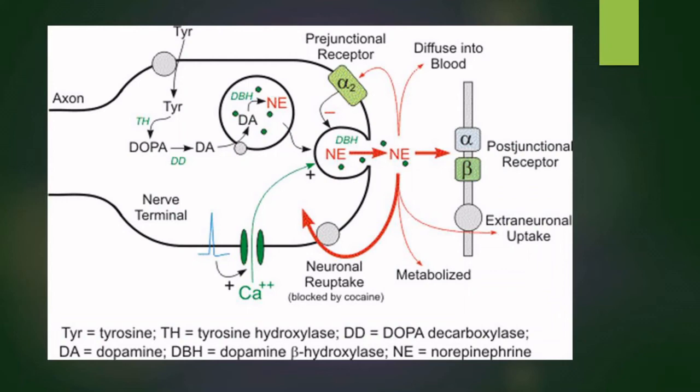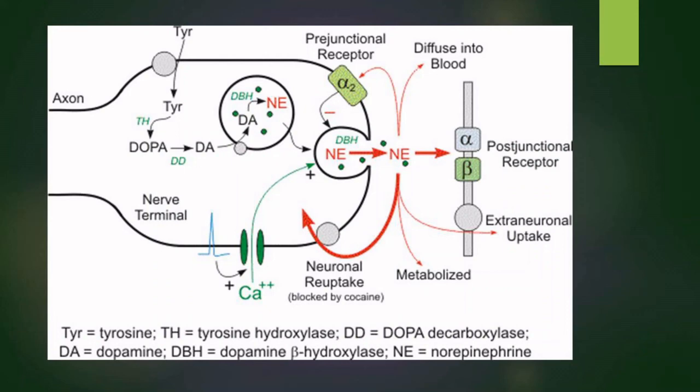The norepinephrine that is exocytosed out of the cell acts on the post-junctional receptor, and the extra norepinephrine can either diffuse into the blood, act on the pre-junctional receptor, undergo extraneuronal uptake, be metabolized to be removed from the system, or undergo neuronal reuptake.